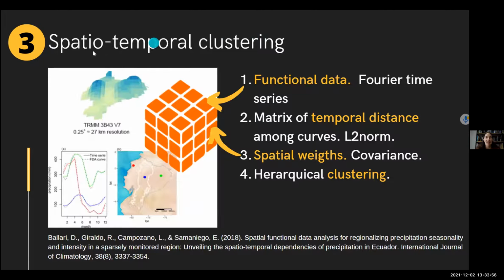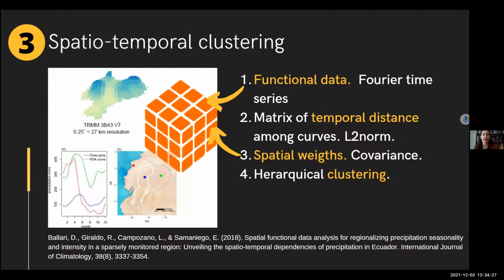Okay, as a third example of an integrated spatial and temporal analysis, we performed a spatial temporal clustering. Most of the clustering approaches try to find homogeneous regions on maps, or on the other side, temporally homogeneous regions, but in time.